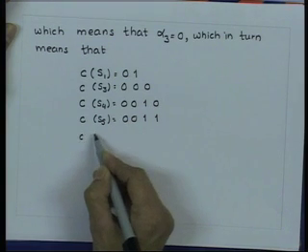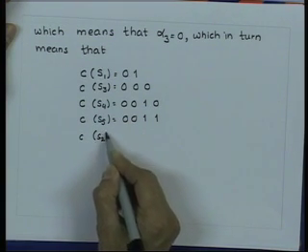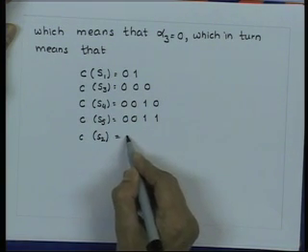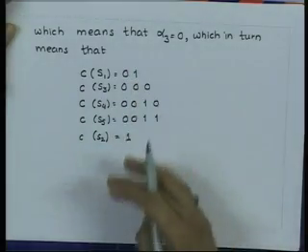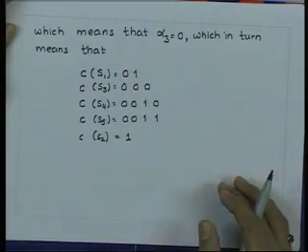So, to complete, C of S2 is equal to 1. So, this is how we generate the code words for the source S based on the Huffman coding procedure.